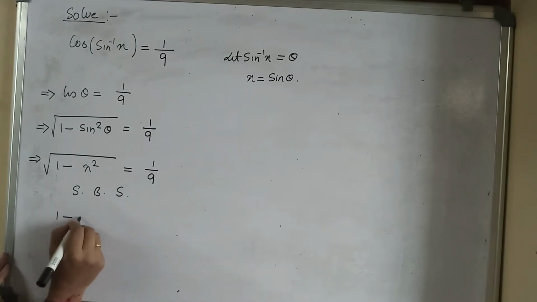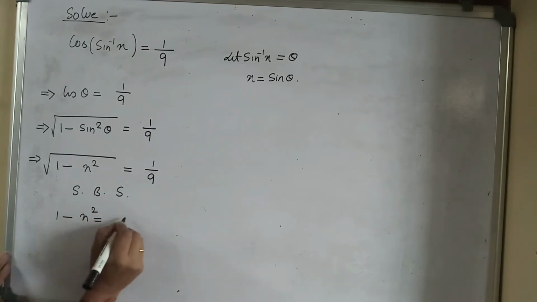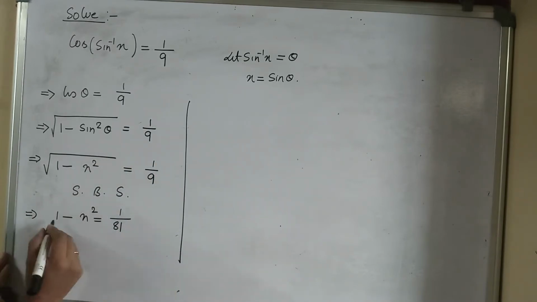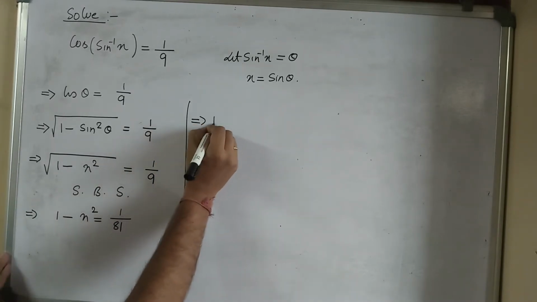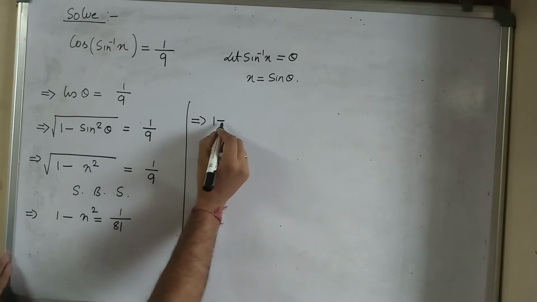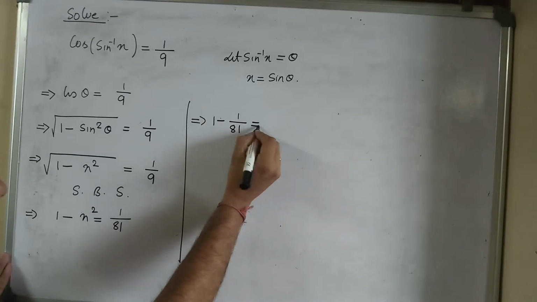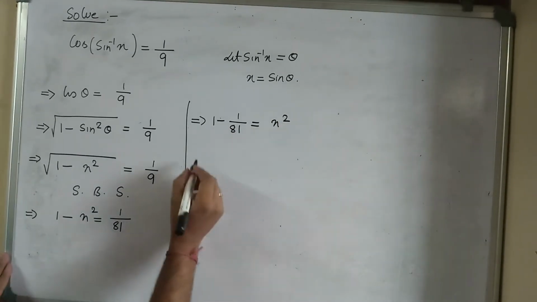Then this one will be 1 minus x square equals, if I square this quantity also, 1 square is 1, 9 square is 81. Now I'll bring this quantity from the left hand side to the right hand side. 1 minus 1 by 81 equals x square.